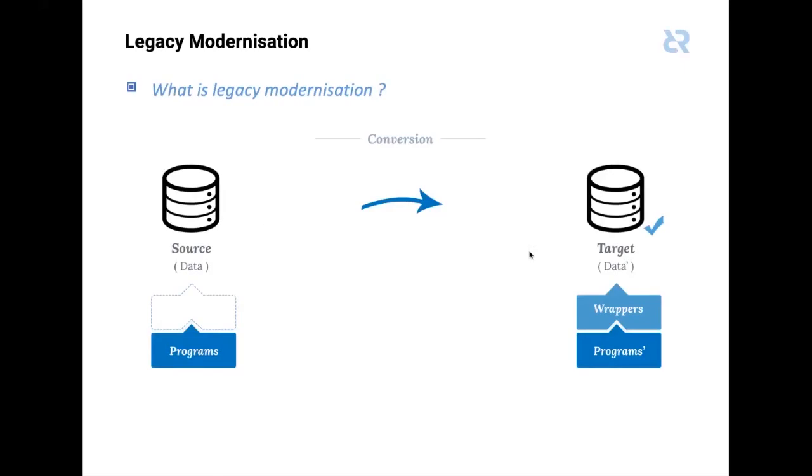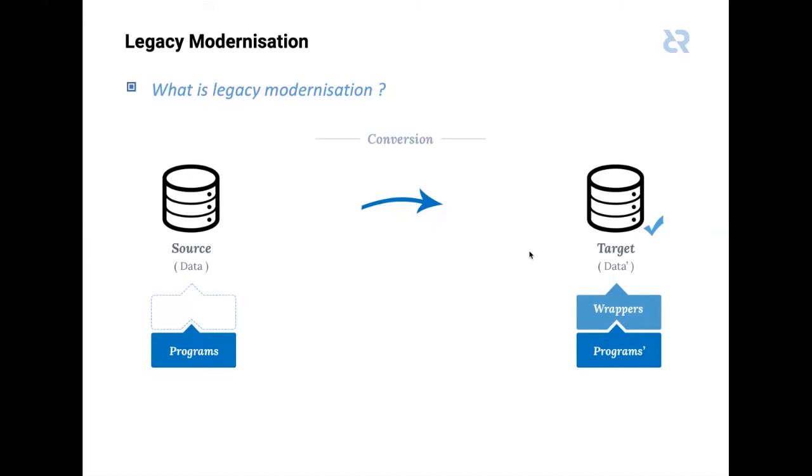So what is legacy modernization? As I said, while we dive into the details here, the goal of a legacy modernization is to migrate from a source data, a legacy database, towards a new relational database or digital technology database.